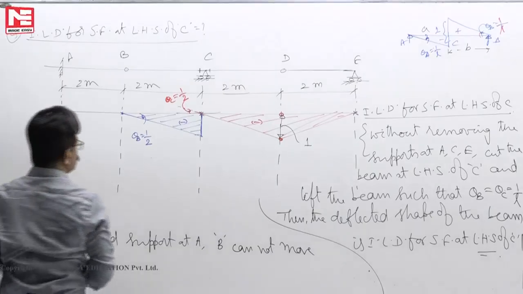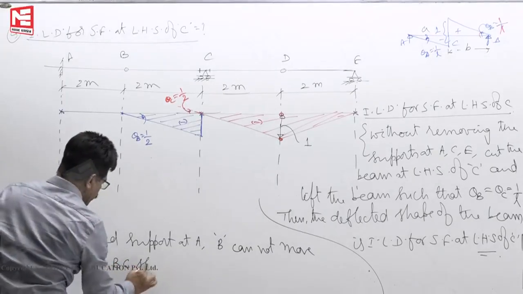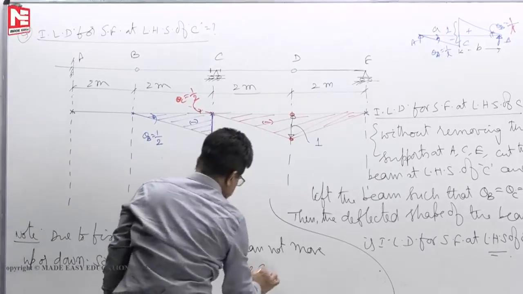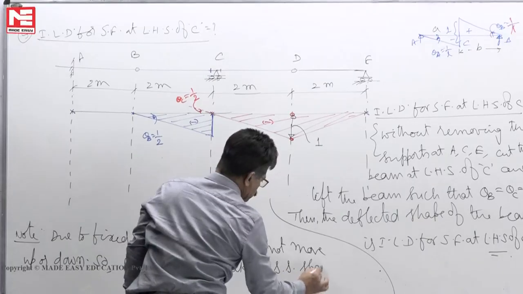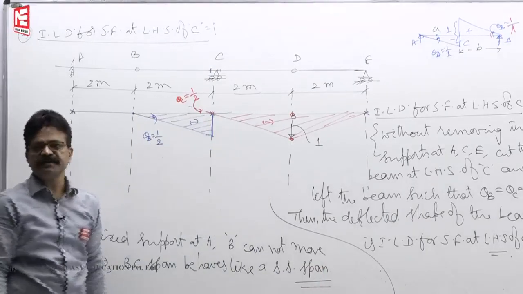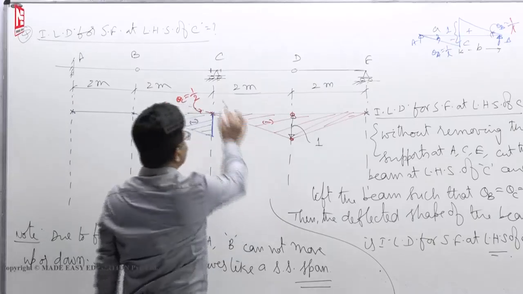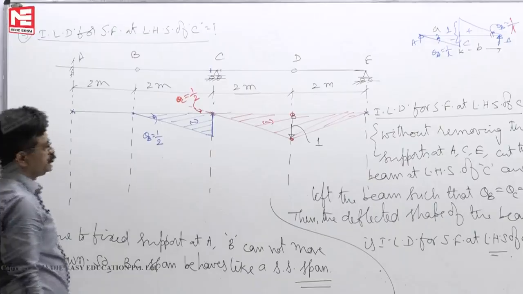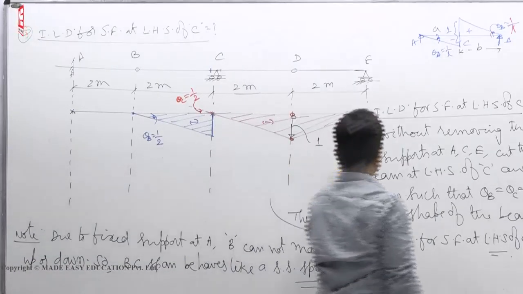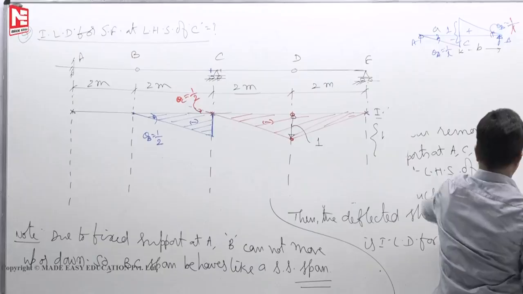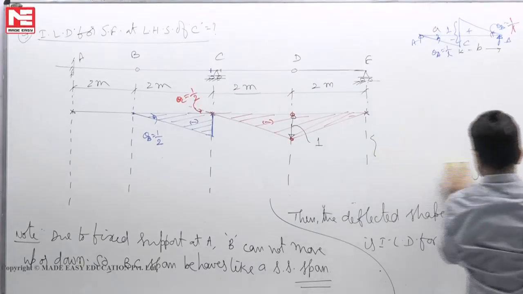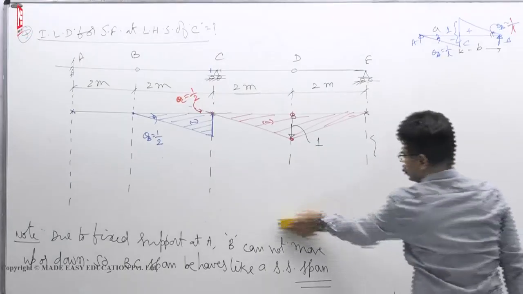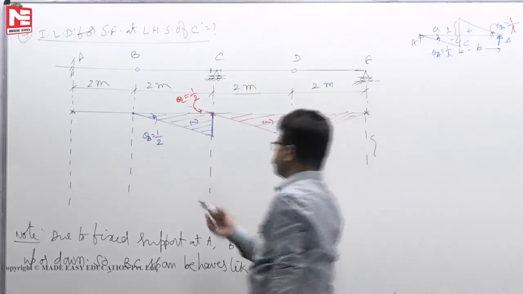So, the BC span behaves like a simply supported span. That's why you have taken the simply supported concept. This is the reason why we are writing like that.